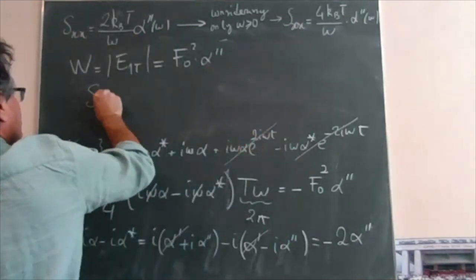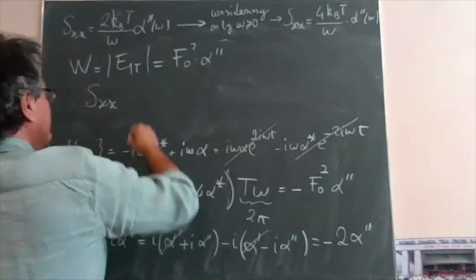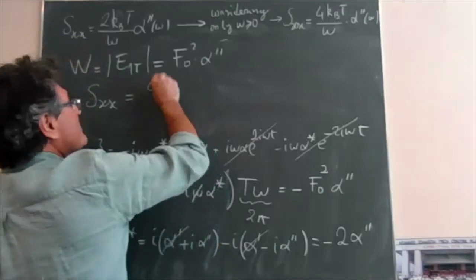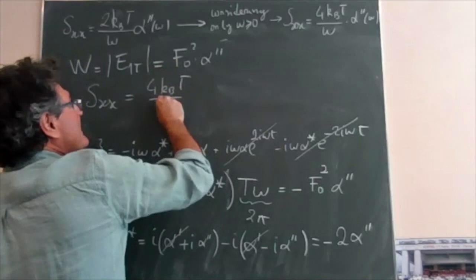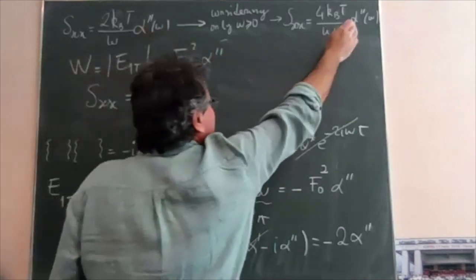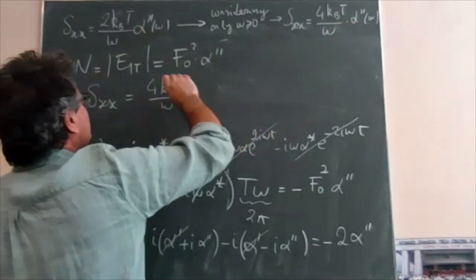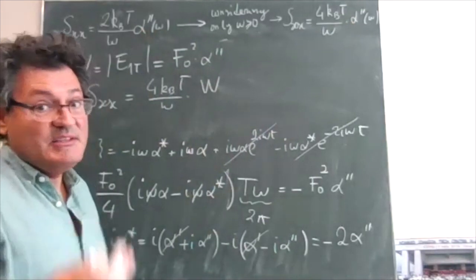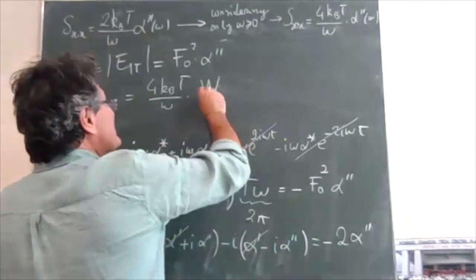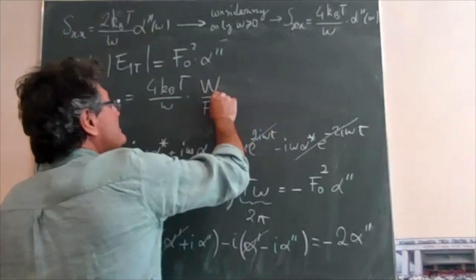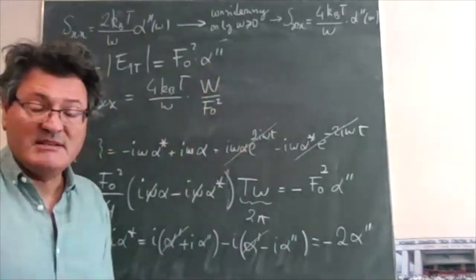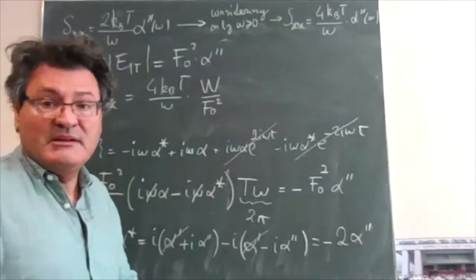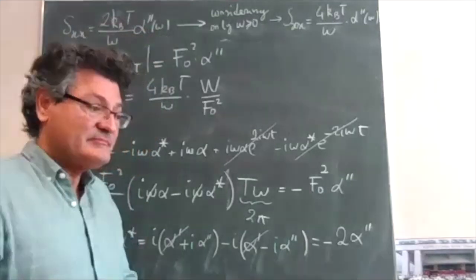So you express your noise, the power spectrum density of noise of the variable x, as 4kBT divided by omega, and instead of alpha second, you just write this as the work done, the dissipation done by the external force divided by the amplitude squared of the external force itself. So practically, we take the system, we force, and we can use a finite element analysis to do this.